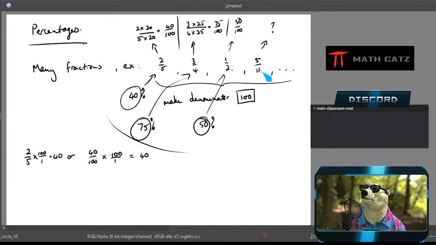So I can also do that for fractions that are a little less convenient. 5 over 11. Multiply that by 100, and out comes the percentage value that I'm looking for. Let's do that in MathBot to see it. So I have 5 divided by 11 times 100.